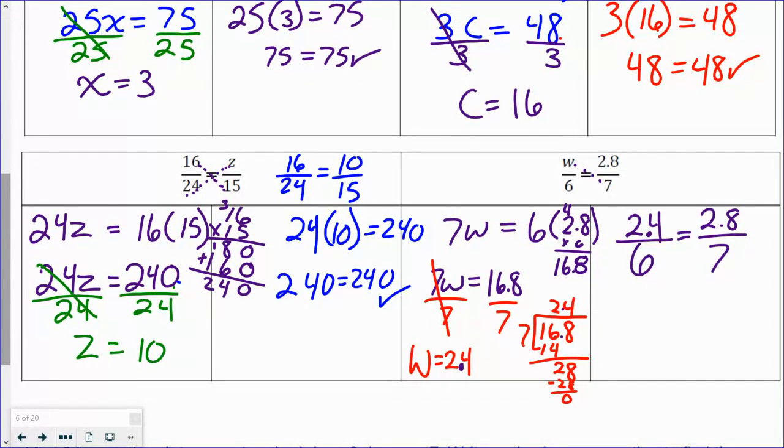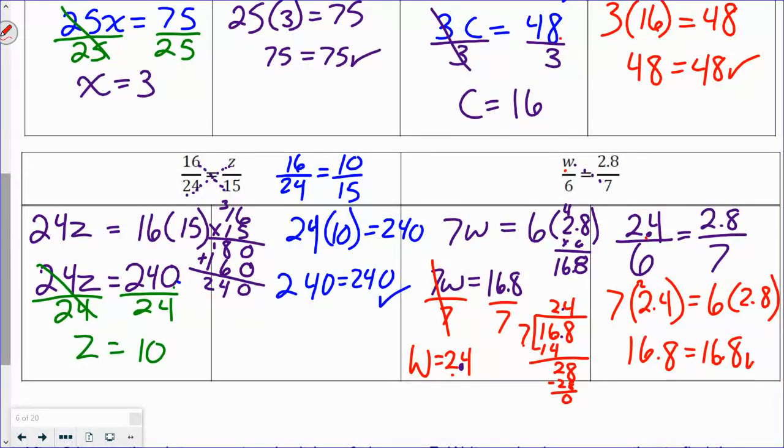If I replace my W in the equation with what I got down here, then take your two numbers and multiply them. 7 times 2.4 and 6 times 2.8. And see if we get the same number. 7 times 4 is 28. 14, 15, 16. We want to see if we get 16.8 both times. And we do.